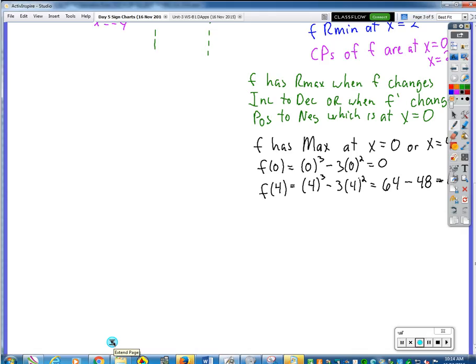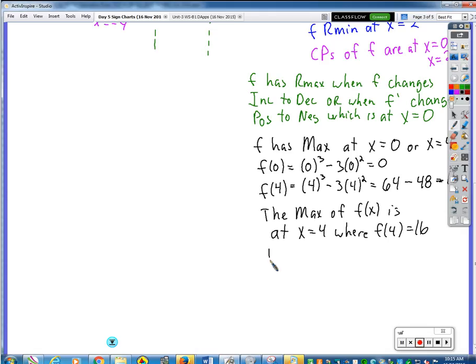So we say the max of f is at x equal 4, where f of 4 is equal to 16. That's how you find the max of the function. Question? Do you put that as like a point, like 4, 16, or should we do it on top?